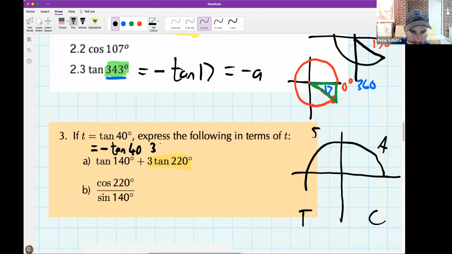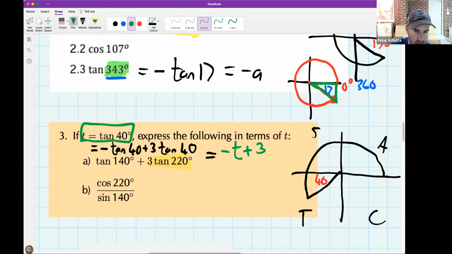So this is plus 3 tan 40. So what have we got? We've got minus tan 40, which is minus t, plus 3 tan 40. And remember, tan of 40 is t. So 3 tan of 40 is just going to be 3t. And so the answer for A should be 2t.